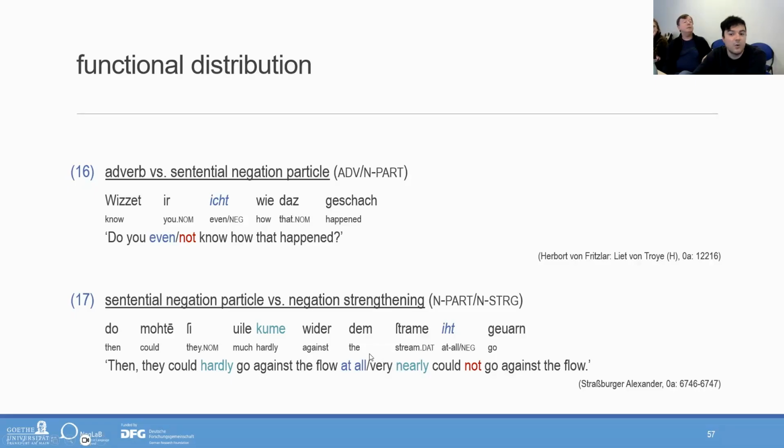And depending on which interpretation of kaum you would take in this case, you would have something like negation strengthening: then they could hardly go against the flow at all. Or if you take the other meaning, very nearly, could not go against the flow. So depending on your interpretation or reading, you could have either negation particle or negation strengthener.